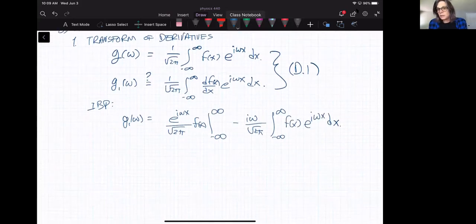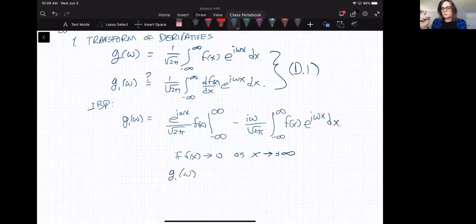The trick is, and this is usually the case for the things that we're interested in, if f(x) goes to 0 as x goes to plus or minus infinity, we get our canonical result, which is that the Fourier transform of the first derivative is just minus iω times the transform of the function.